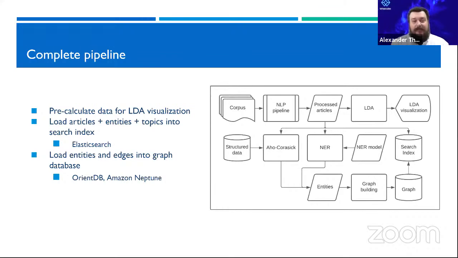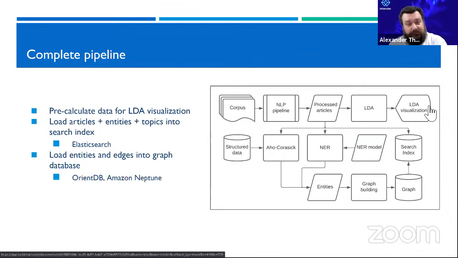Here's the full pipeline. So we come in with our corpus, we do our NLP pipeline, and that gives us our processed articles. This is our normalized tokens for entity extraction and our lemmas for topic modeling. We do the topic modeling and we save off the data that we need for LDA visualization, like PyLDA does.